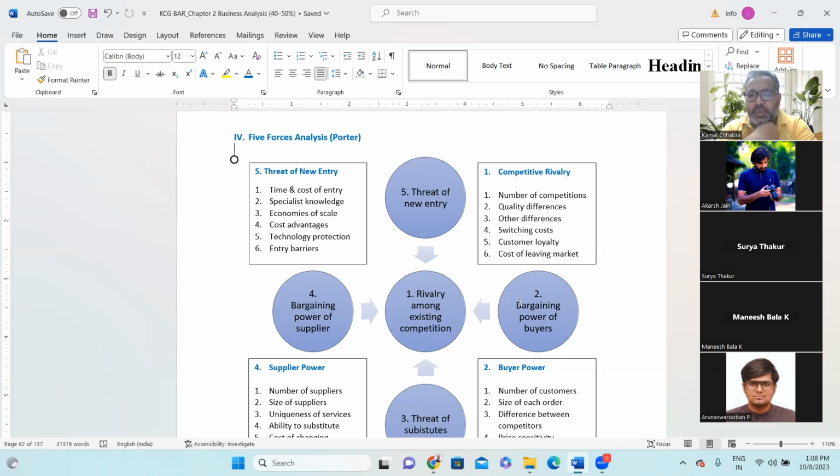Another thing is customer loyalty. If you see all the banks, they give a lot of loyalty points and reward points. Why has this culture come? So that people can stick to the same bank.